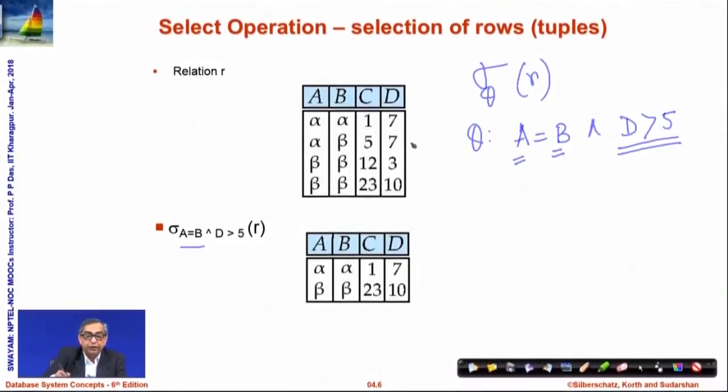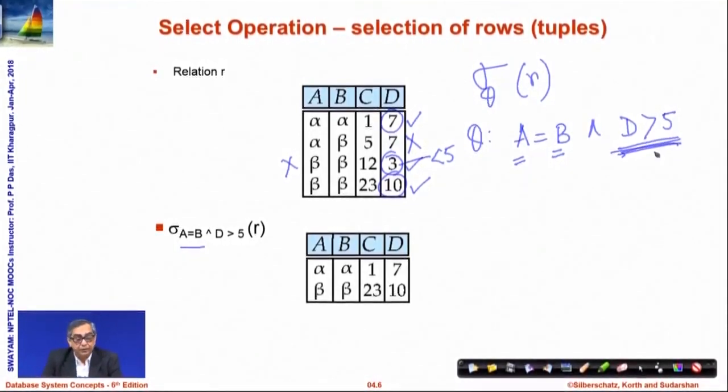By the first condition, A equal to B, we can say that this row does not satisfy it, because A is alpha and B is beta, whereas these three rows satisfy because A is equal to B, both being beta. Then we look at D. We find that this D is less than 5. So, this also does not satisfy, because it fails the second condition; both have to hold.